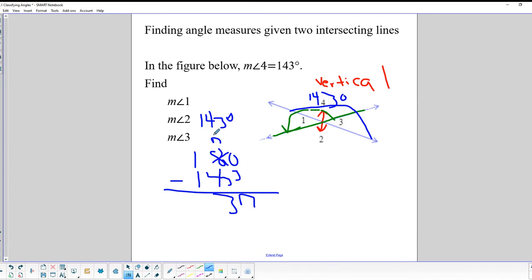So that angle is a 37-degree angle. All right, so you can see how we're using these angle relationships. If angle 3 is 37, then that also means that angle 1 is 37. All right, moving along here.